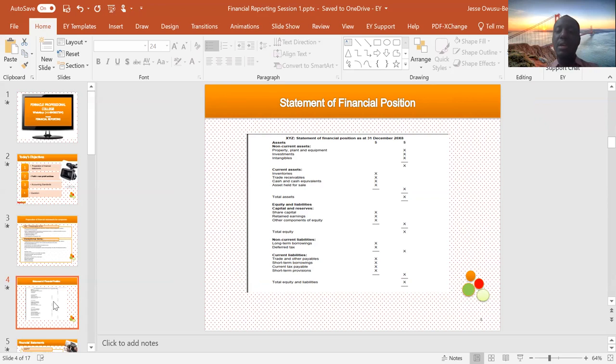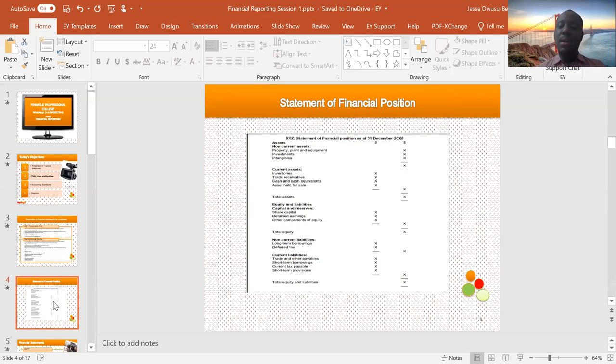Then you have your non-current liabilities. So we are moving to the liability section. Under non-current liabilities, you have your long-term borrowings and your deferred tax. For the current liabilities, you have examples like trade payables, short-term provisions, and short-term borrowings. When you add equity and liabilities, you should also get a total.